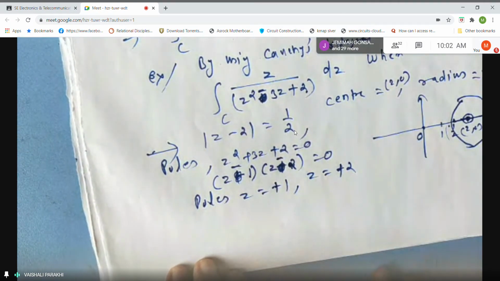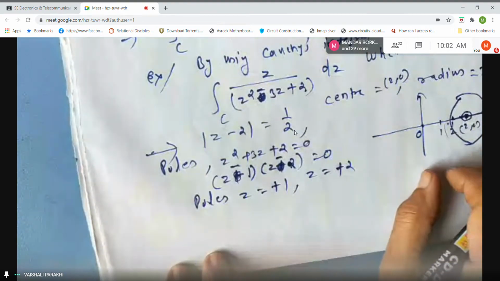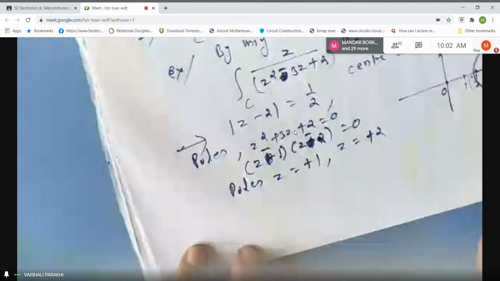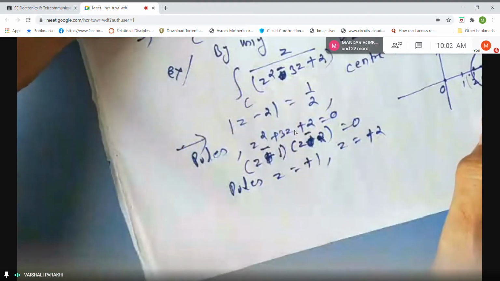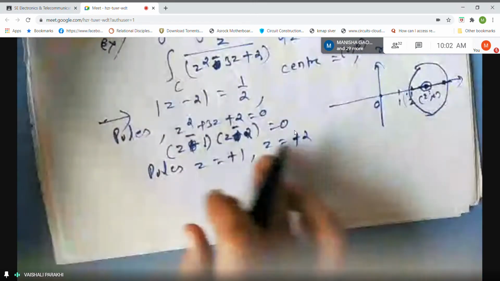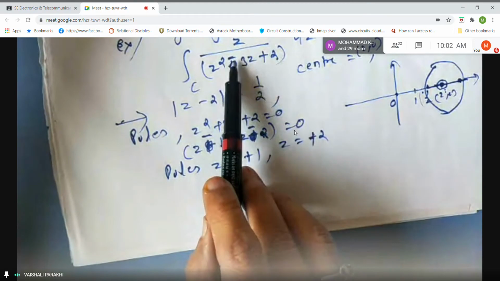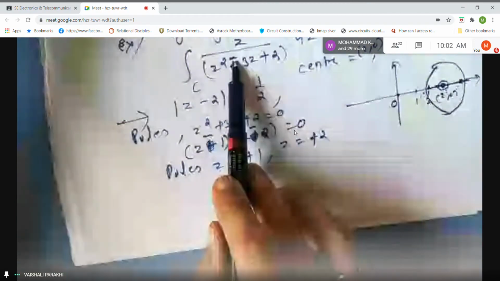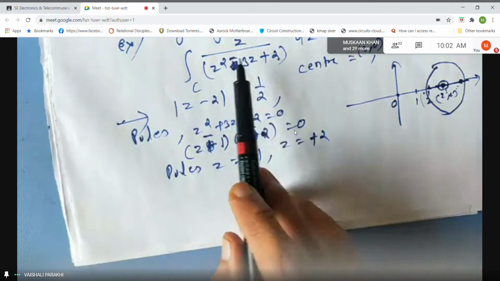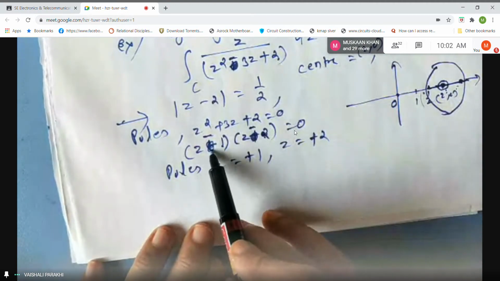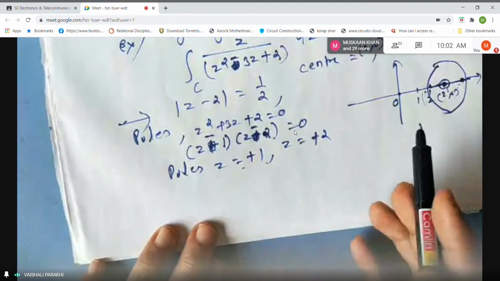Now which one lies inside the circle and which one lies outside the circle? Only one pole, z is equal to 2, is lying inside the circle. All of you understood what I did here? I wanted one pole inside, so I changed the sign. The factors are changing, the values of z are changing.